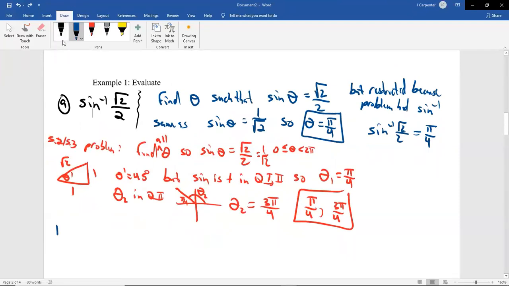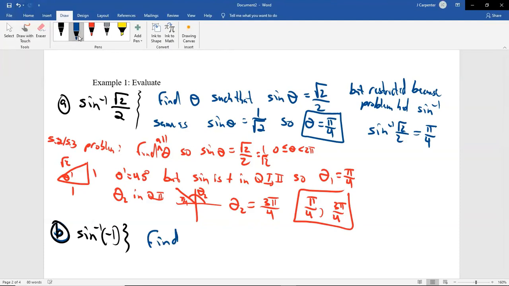All right. B, black, not blue. We're going to do inverse sine of -1. Okay, so the idea here is the problem that you're really doing is you're finding, again, the black ink is the whole problem.